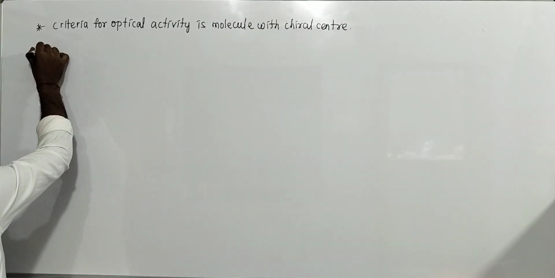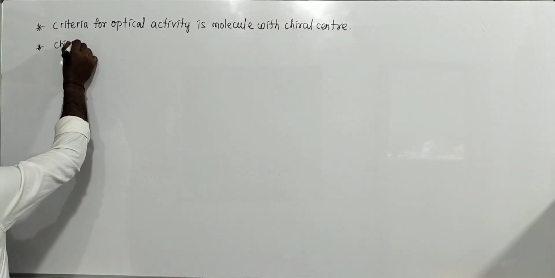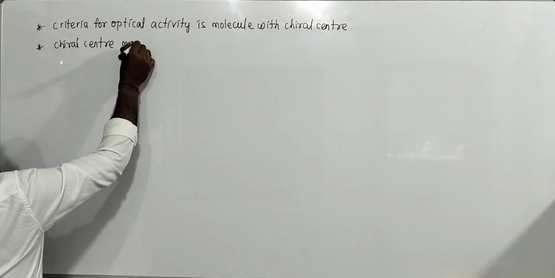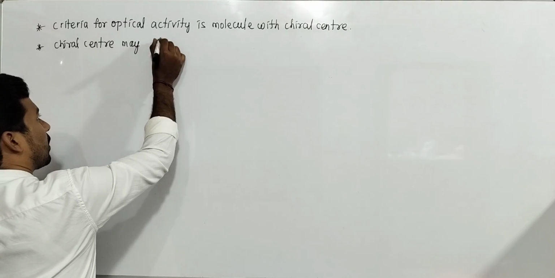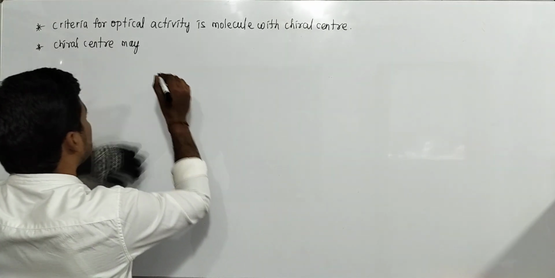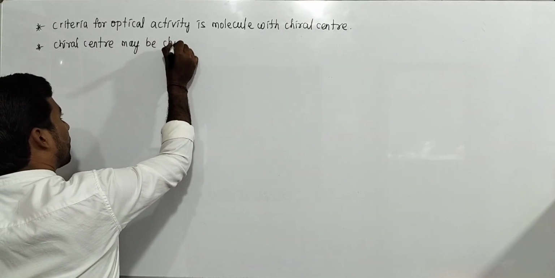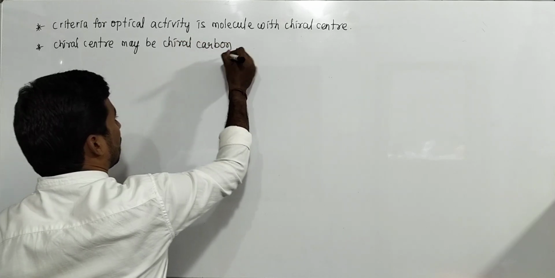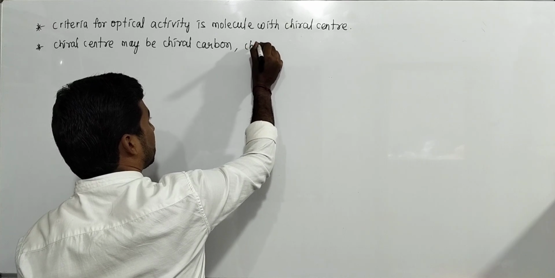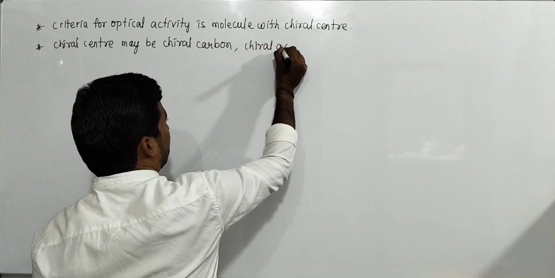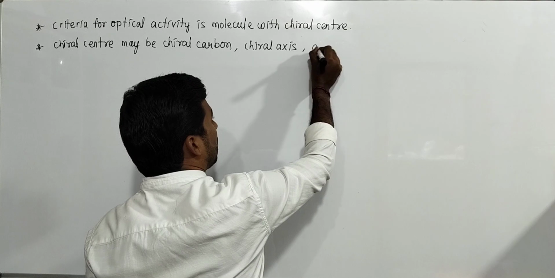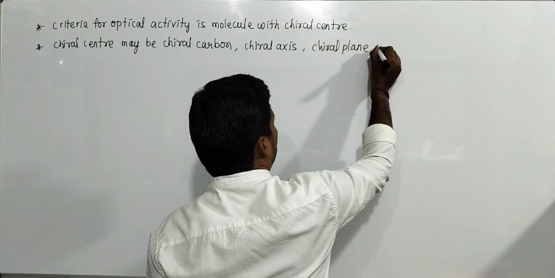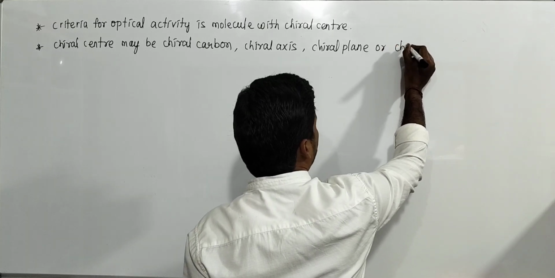What is a chiral center? A chiral center may be a chiral carbon, or a chiral axis, or a chiral plane, or a chiral helix.